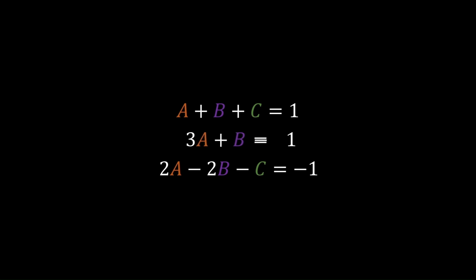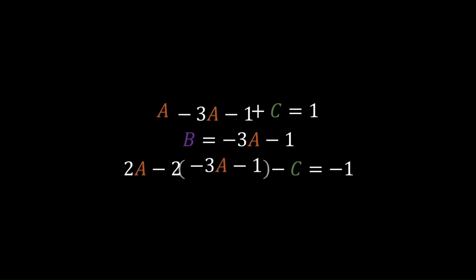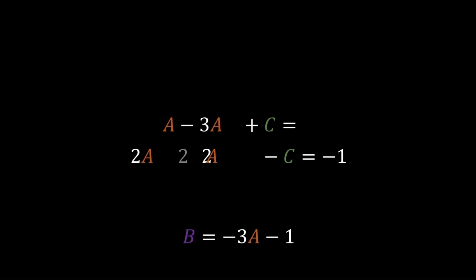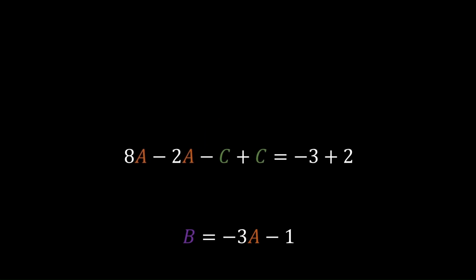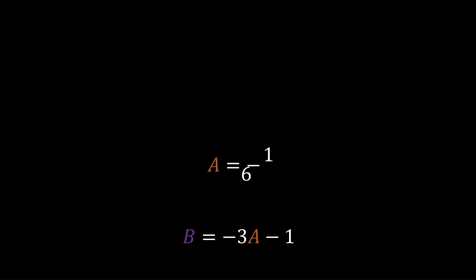I used the second equation to write b in terms of a, and then substituted this into the remaining equations to determine the values of a and c. We can then add the two equations together to determine the value of a, and we end up with a is equal to negative 1/6.